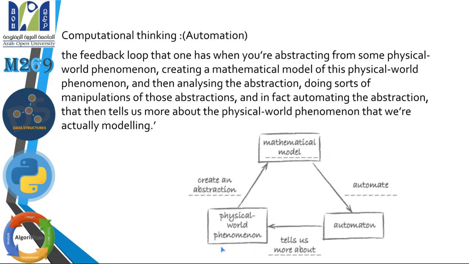So they have a physical world problem. They have a problem with a country. What they do, they build a mathematical model. Mathematical model means they have to know how many airplanes, how many soldiers they have in the army, what places they are located, what kind of military equipment they have, helicopters, whatever.